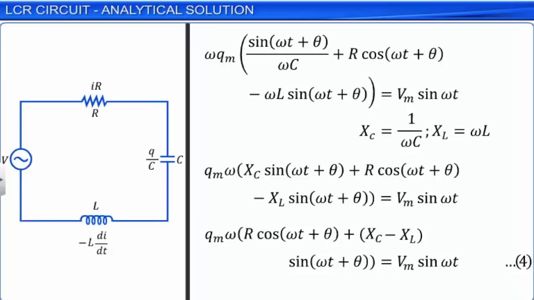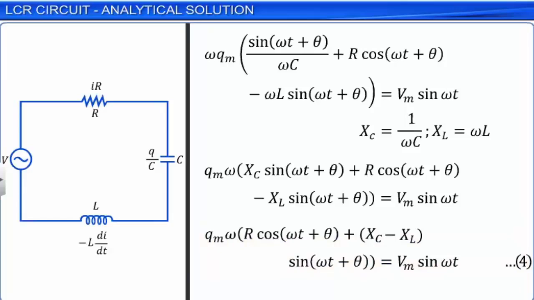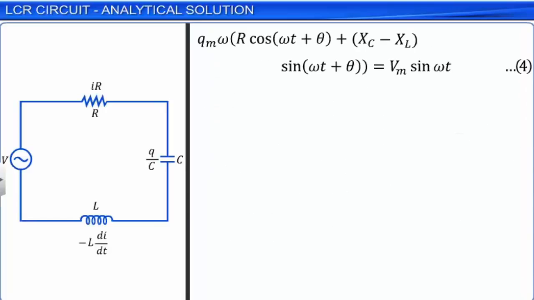Similar to resistance in a DC circuit, we introduce a quantity, impedance, in AC circuits, denoted by Z. Here, Z is the impedance of the LCR series AC circuit and is expressed as Z is equal to under root R² plus (Xc minus Xl)². In equation 4, multiplying and dividing the left-hand side by the impedance of the circuit Z, we get equation 5.